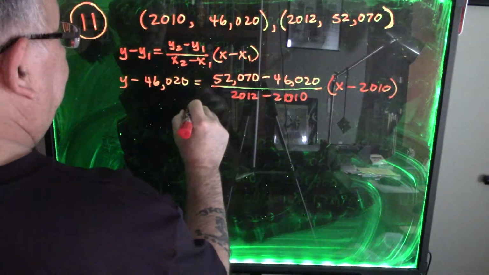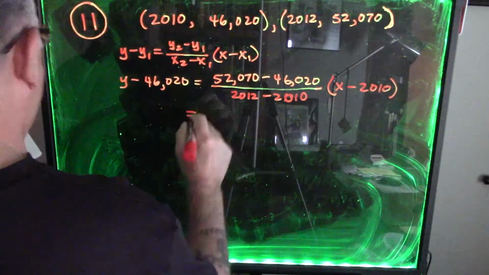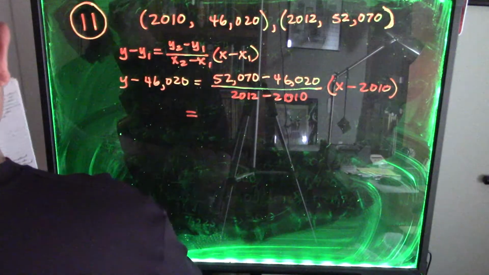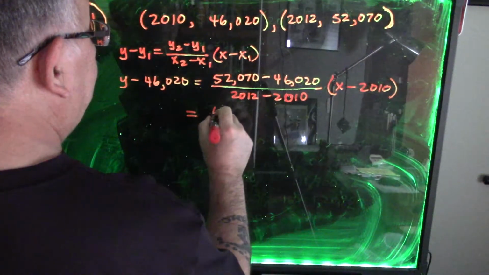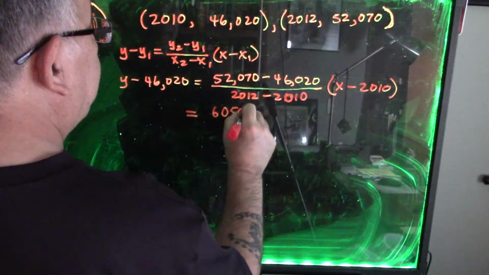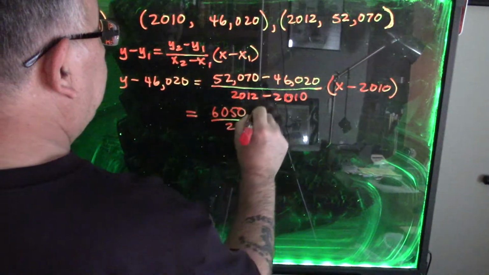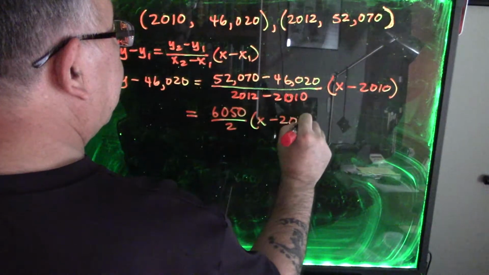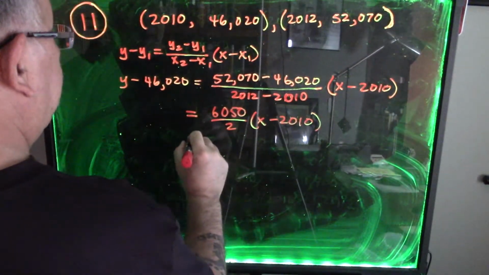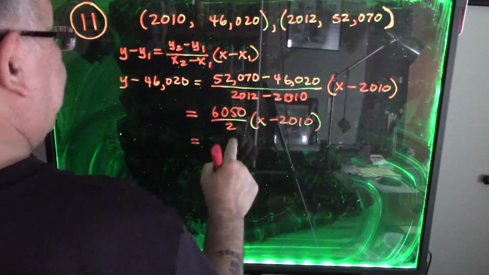So just focus on the right hand side of the equation. We've got, do the arithmetic, 6,050 over 2, times the quantity x minus 2010. 2 goes into that evenly.